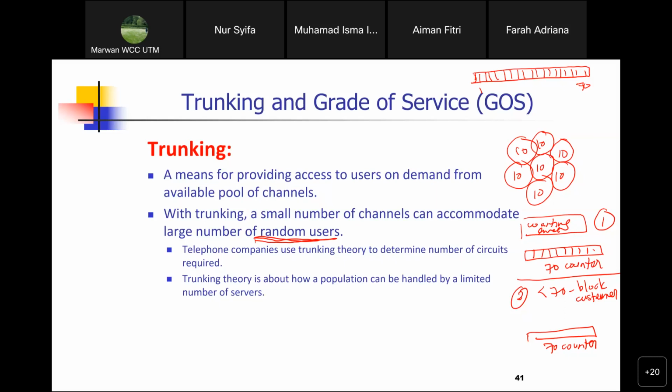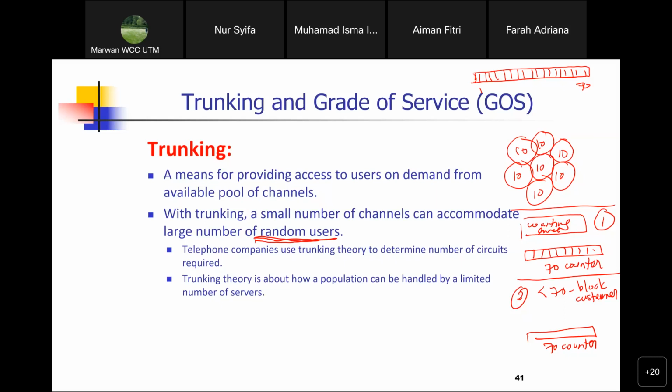If you go back to our example of serving at the counters, this is what trunking is. Within trunking theory, you can have only a small number of channels, but you can actually accommodate or serve a larger number of users. The reason we can do that is because the arrival of users towards our service is random.